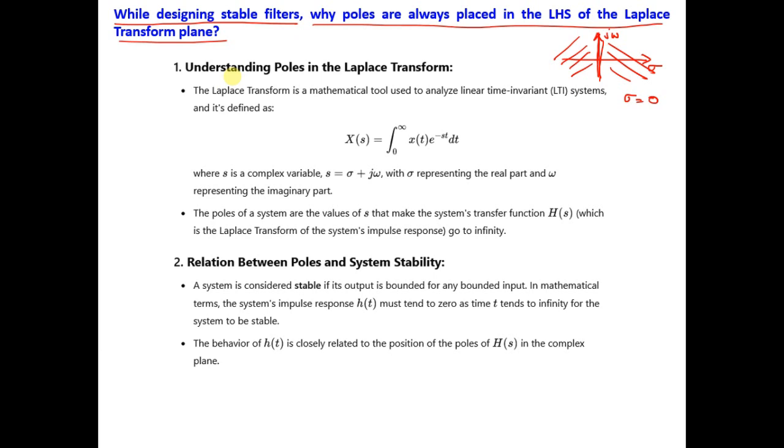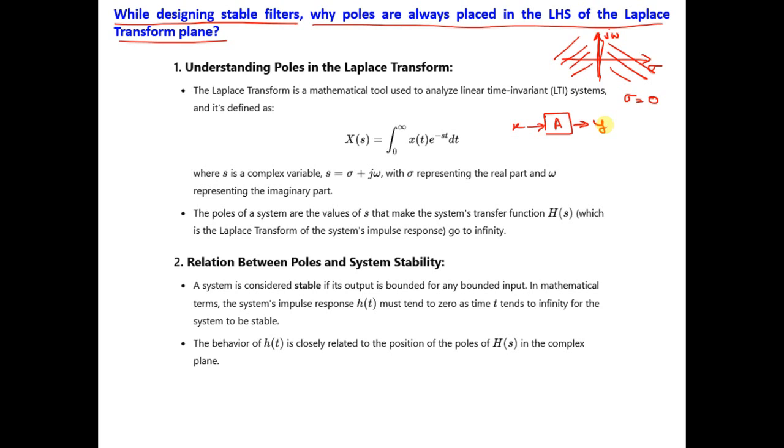Now you would ask, what are these poles? We discussed amplifiers, right? We have a system whose gain is given by A, with X as the input and Y as the output.